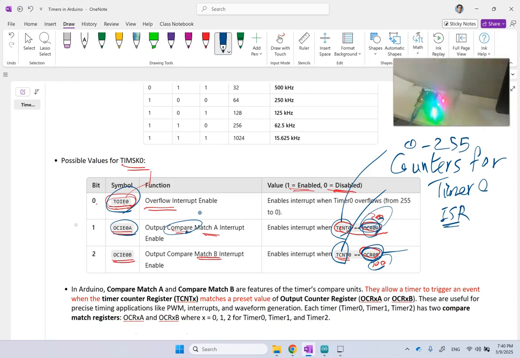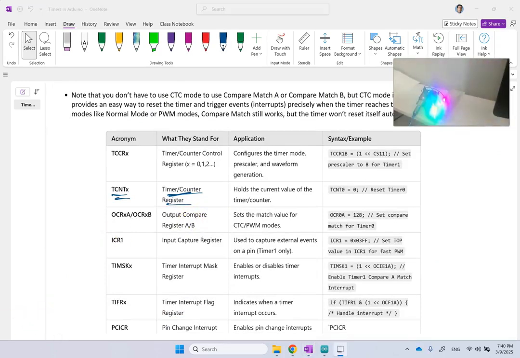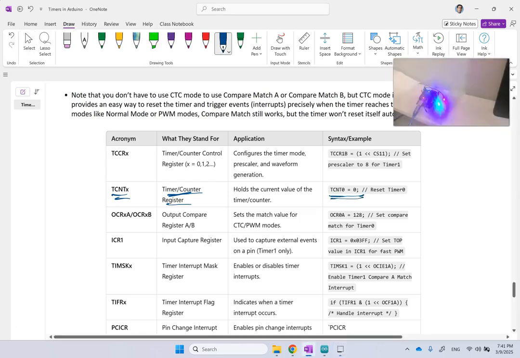Okay, that's your timer counter. Now, can you do anything with that variable other than it just goes up from 0 to whatever max number? Could you manually overwrite that number? Yes, you can. For instance, if you want to reset your timer manually, you can say, hey, timer 0, I want to reset your counter manually back to 0, anywhere. You just say TCNT equals 0, and there we go. You reset it even in the middle of counting.